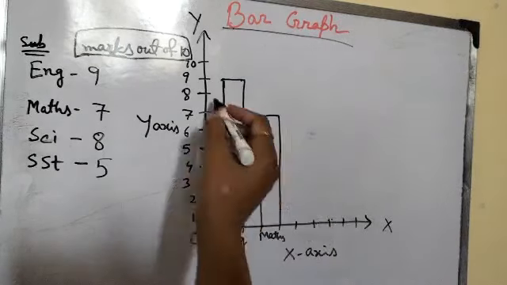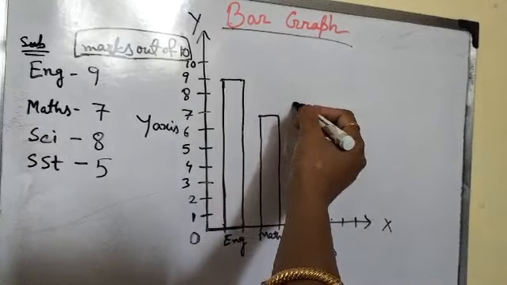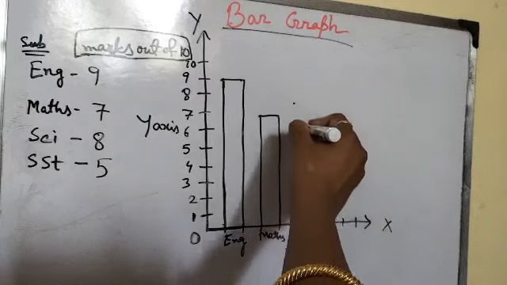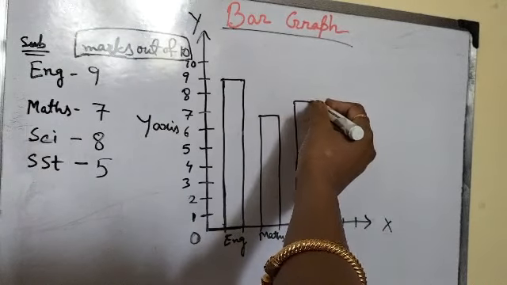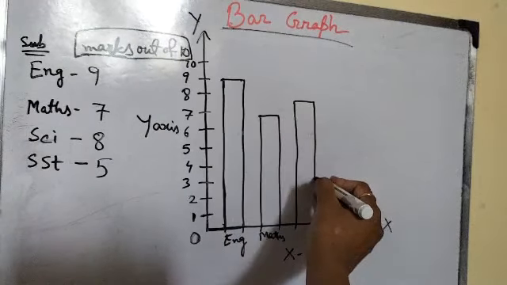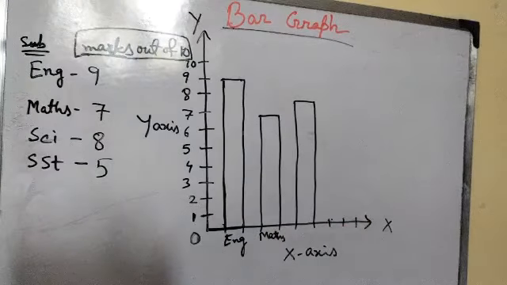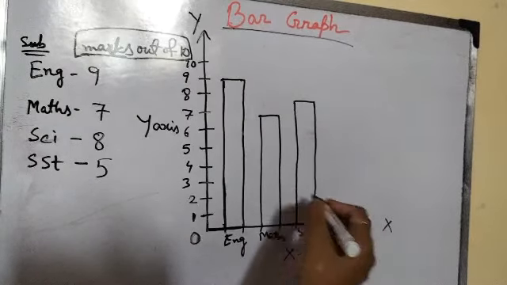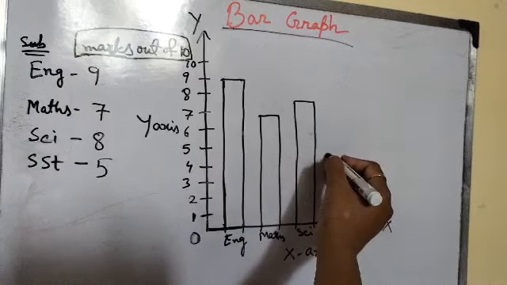Next Science. Science is 8 boxes. That means here it will be. By scale, I repeat once again, by scale and pencil you have to draw everything. This is Science. Then SST is 5. 5 is here, that means here it will be.